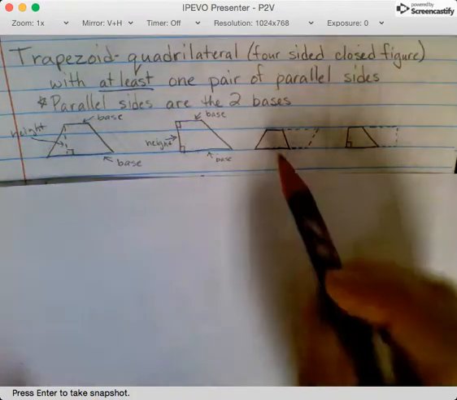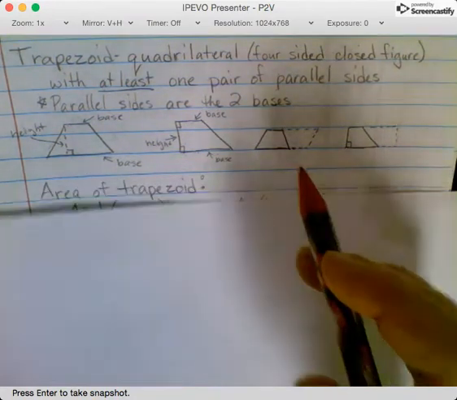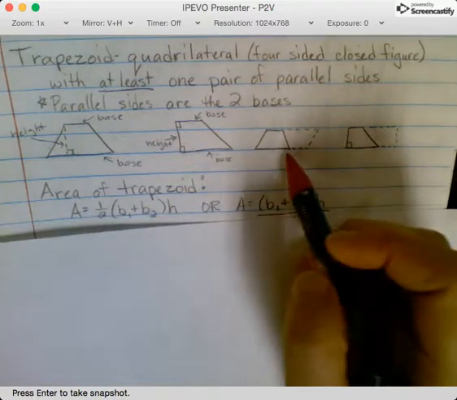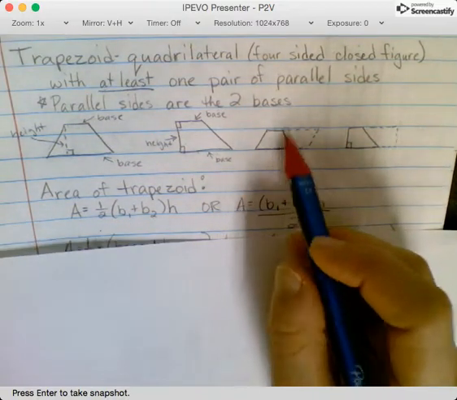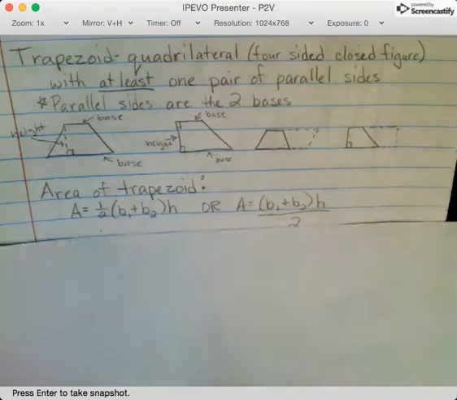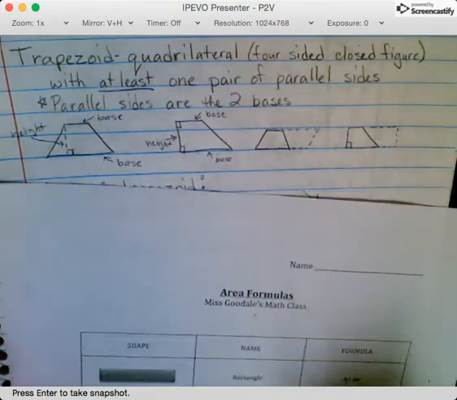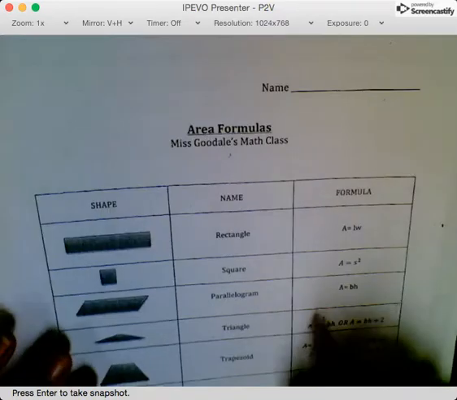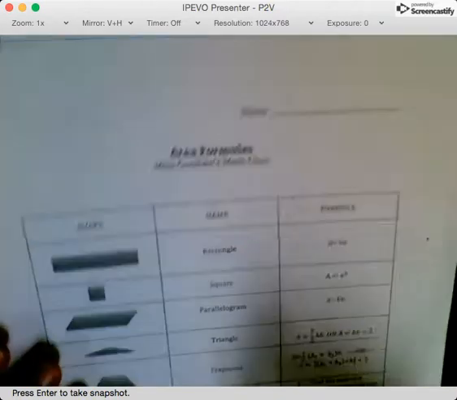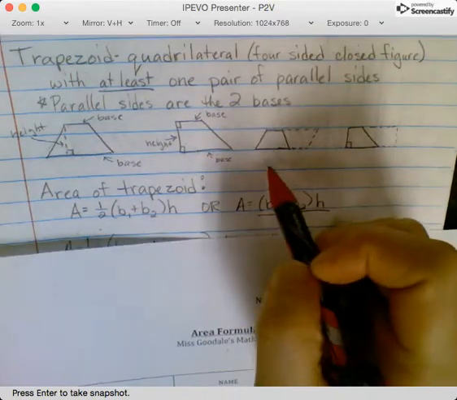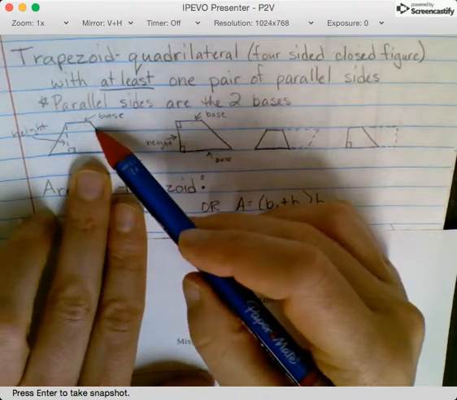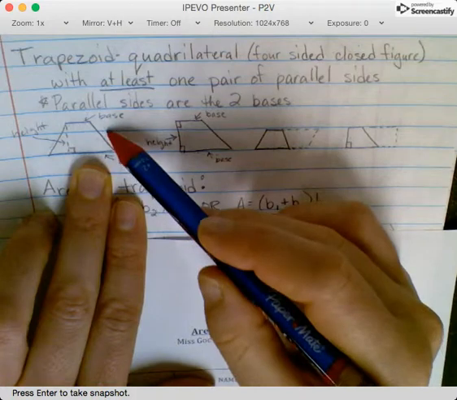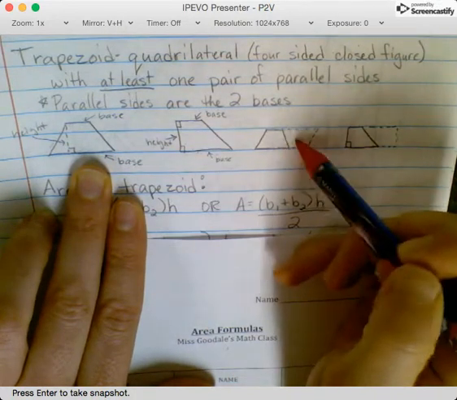Now, if you look over here, my drawings are to help explain how this works. So remember when we talked about the area of a parallelogram, that's area equals base times height. We can actually make a trapezoid into a parallelogram if we took that trapezoid, flipped it upside down, and put it on top of itself.